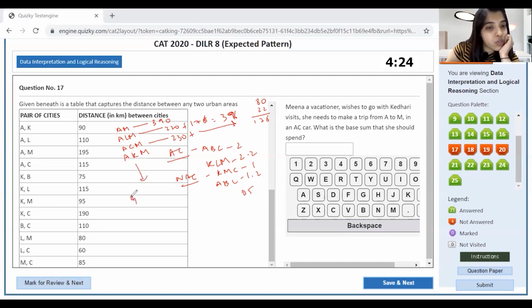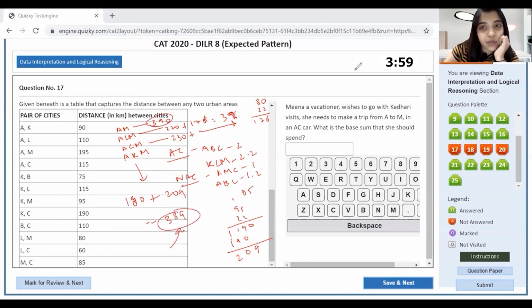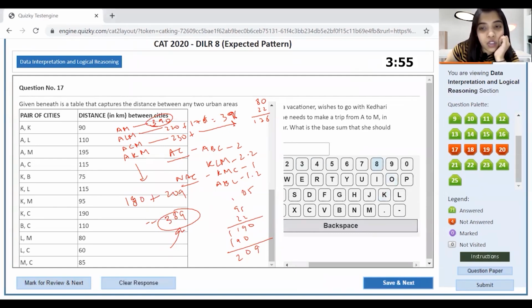AK 90 into 2 is 180 plus K into M into K 95 into 2.2, 209, which is what? 389. Now what is the least one? 390, 396, 389 is the least answer. So we have 389.